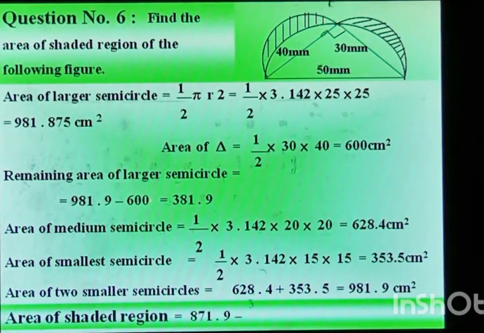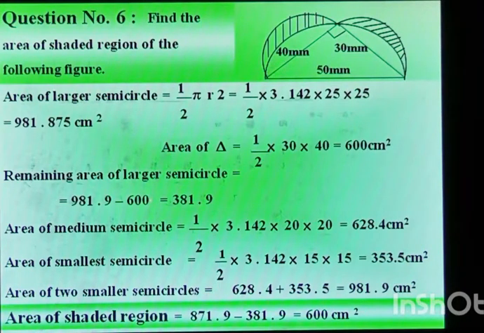Well, area of the largest semicircle. There are three semicircles, two small and one large, and a right angle triangle with its measurements. So first of all, area of the largest semicircle, then area of the second largest semicircle, area of the medium semicircle, area of the smallest semicircle, area of two smaller circles.